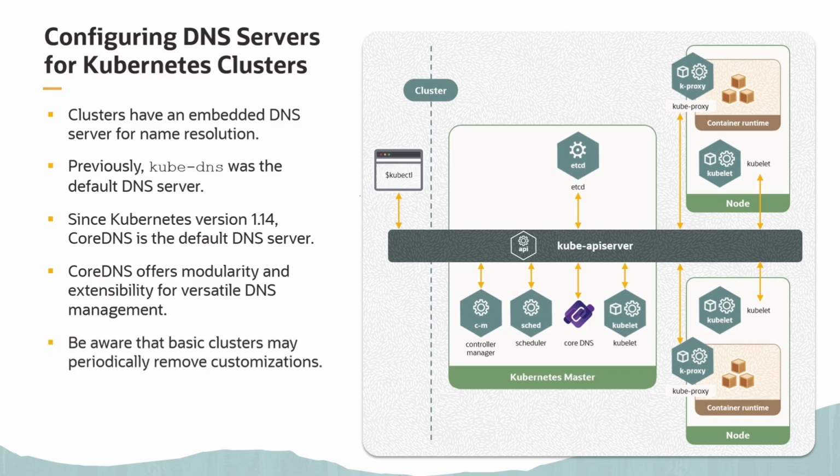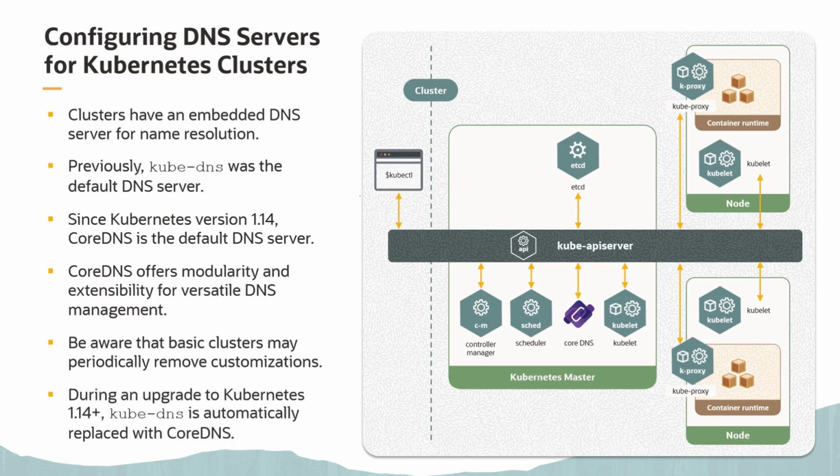It's important to note that basic clusters may periodically remove customizations. If you've made specific adjustments to the default CoreDNS behavior, be aware that these customizations might be periodically deleted during internal updates to the cluster. During an upgrade to Kubernetes 1.14 or later, kubedns is automatically replaced with CoreDNS.